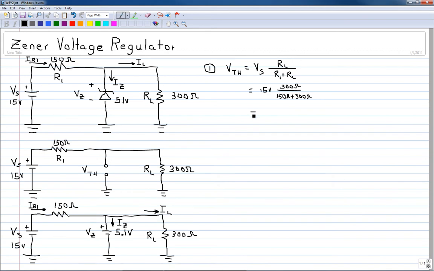Substituting these values into a calculator gives us VTH is equal to 10 volts.